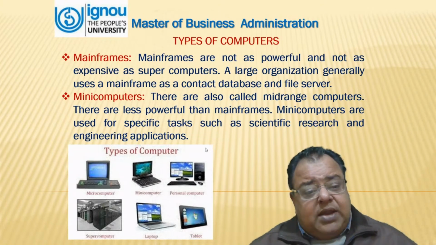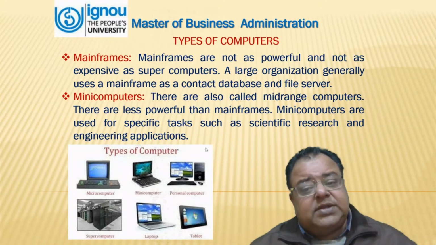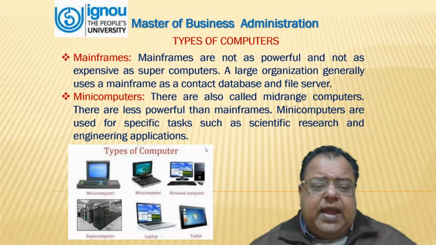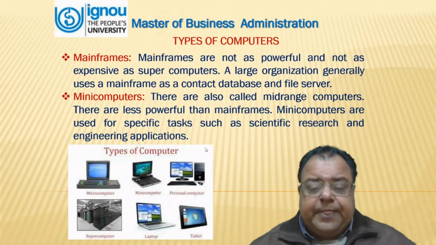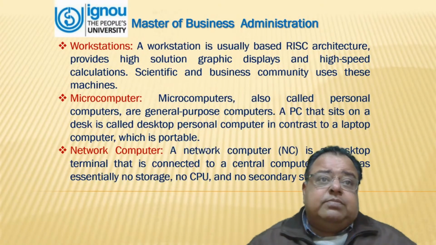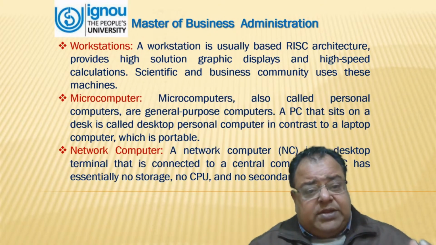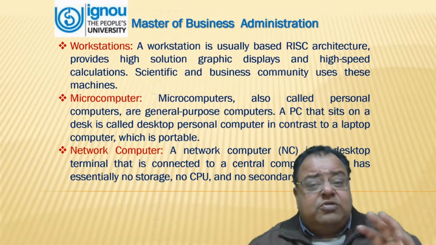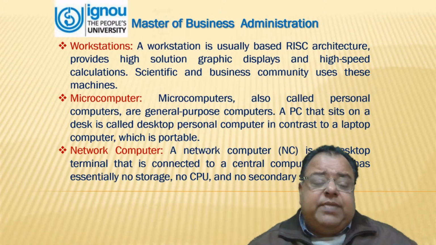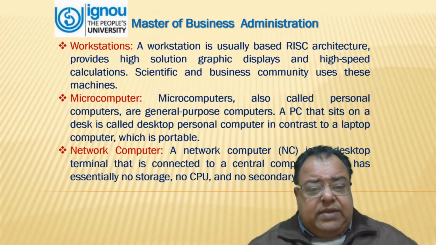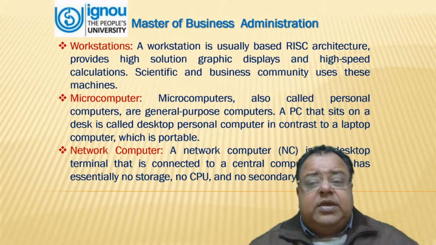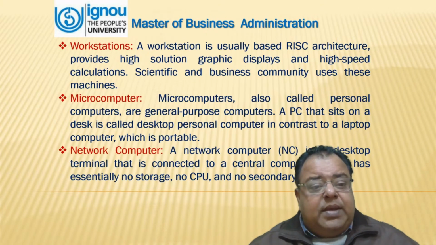Mini computers are used for specific tasks such as scientific research and engineering applications. Workstations. A workstation is usually based on RISC architecture, and provides high resolution graphic display and high speed calculations. The scientific and business community uses these machines.